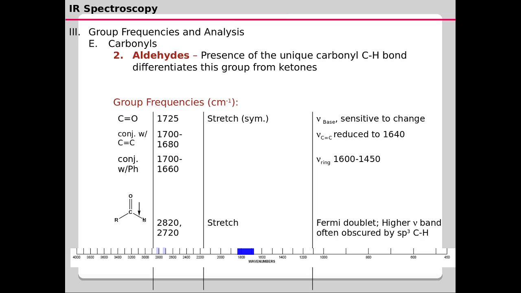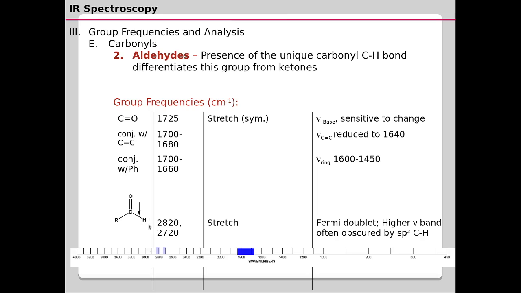That means the fundamental stretching vibration of the carbon-hydrogen bond can couple with the first overtone of the bending vibration of the carbon-hydrogen bond. We call this interaction between the fundamental frequency of one vibration and the first overtone of another vibration a Fermi interaction.